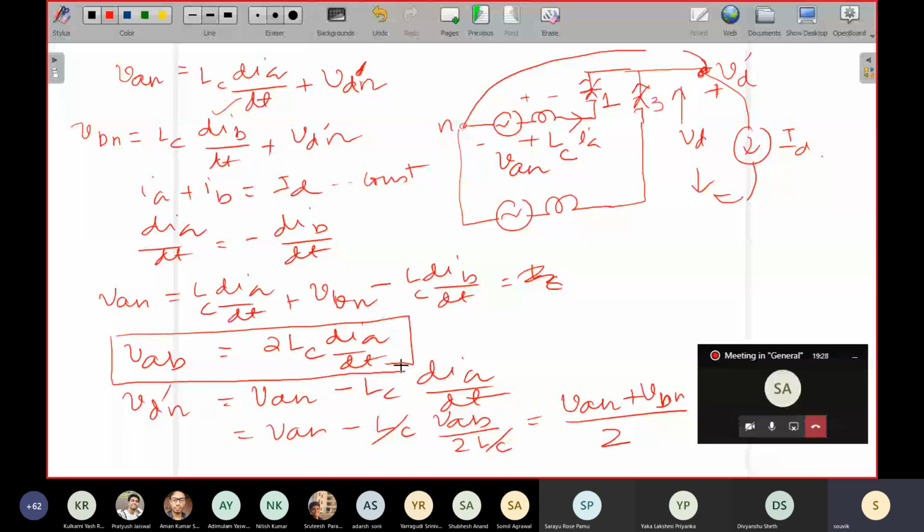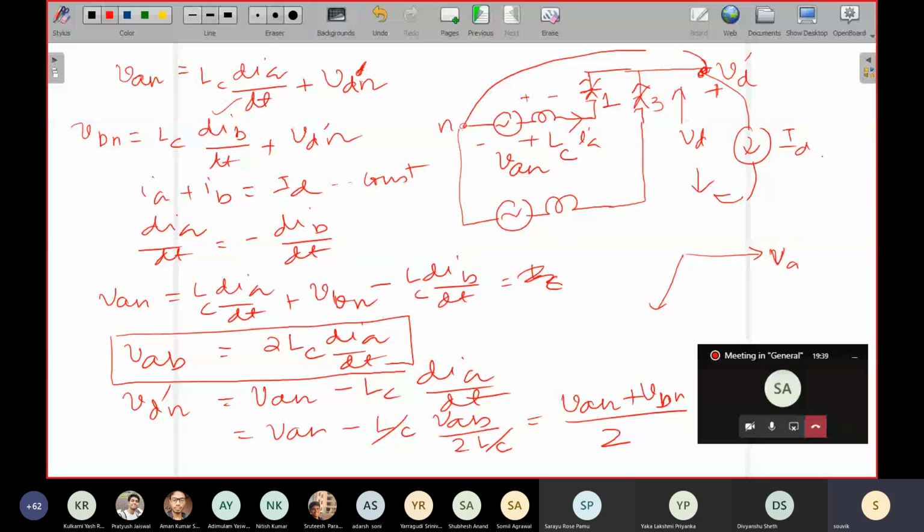Now quickly let us see what VAB is. As far as the phasor diagram is concerned, this is ABC sequence. So this is the VA phasor, this is the VB phasor, and this is the VC phasor. VA minus VB is leading by 30 degrees. This is VAB, right?